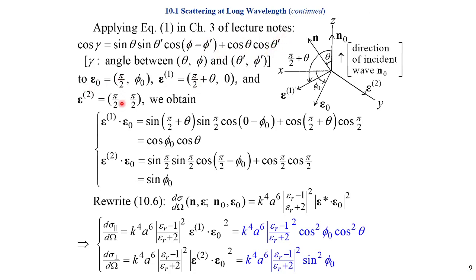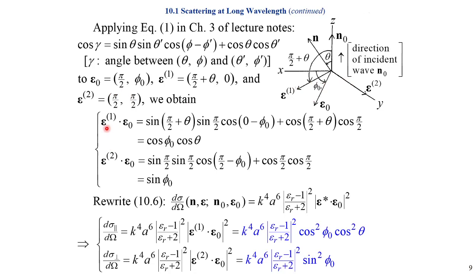And so now we have three directions. Epsilon 0 on the xy plane is denoted as pi over 2, phi 0. Epsilon 1 is on the xz plane, denoted as pi over 2 plus theta, 0. And epsilon 2 is exactly on the y-axis, so theta is pi over 2, phi is pi over 2.